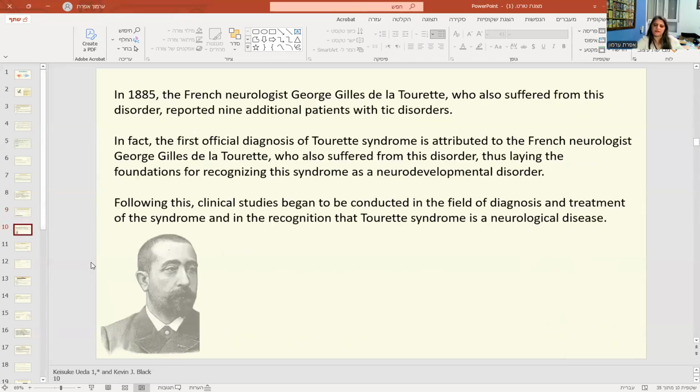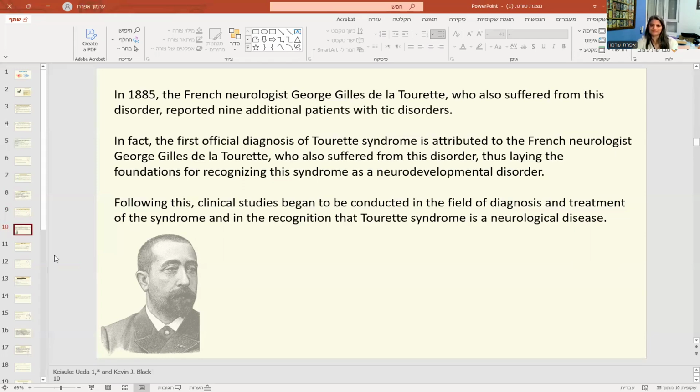In 1885, the French neurologist Georges de la Tourette, who also suffered from this disorder, reported 9 additional patients with tic disorders. In fact, the first official diagnosis of Tourette syndrome is attributed to the French neurologist Georges Gilles de la Tourette.